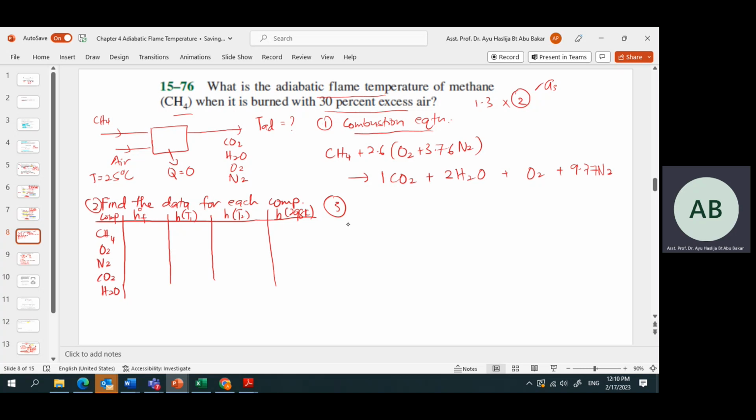Once you get all the data, step 3 is to find out the T adiabatic, where Q equals 0, H product minus H reactant.